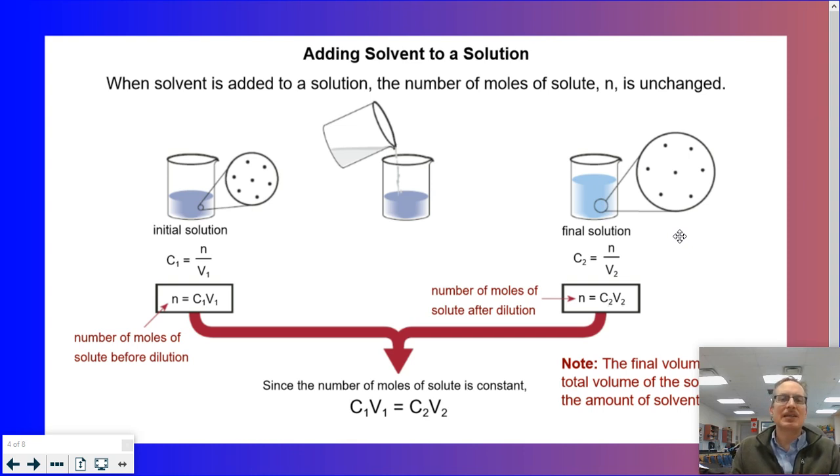All we're doing is adding water. So we are diluting it. The same amount of solute is getting diluted by adding more solvent to this solution, which means because of this connection of before and after dilution for number of moles of solute, there is a formula that can come from this. C1V1 equals C2V2.